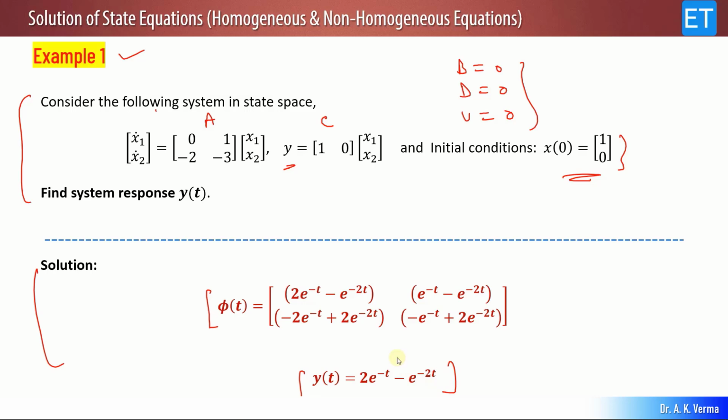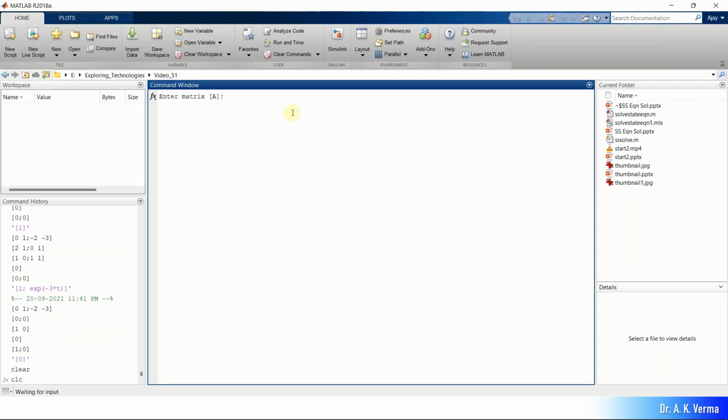So let me try that program, and let me enter the matrix A. Matrix A is 0, 1, minus 2, minus 3. And matrix B is 0, so 0 semicolon 0. Matrix B is actually your column matrix, and matrix C is 1 0, and matrix D is 0.